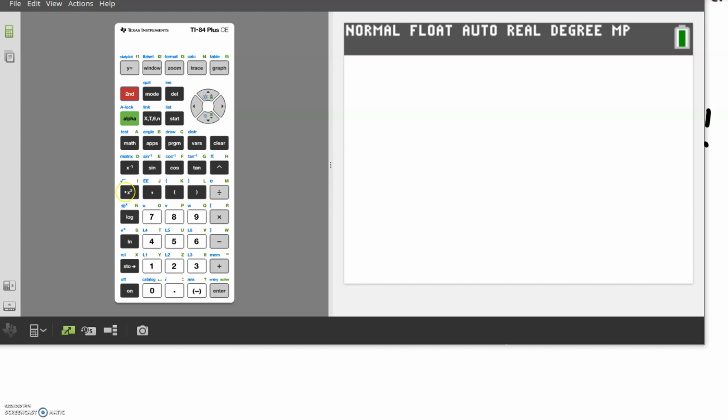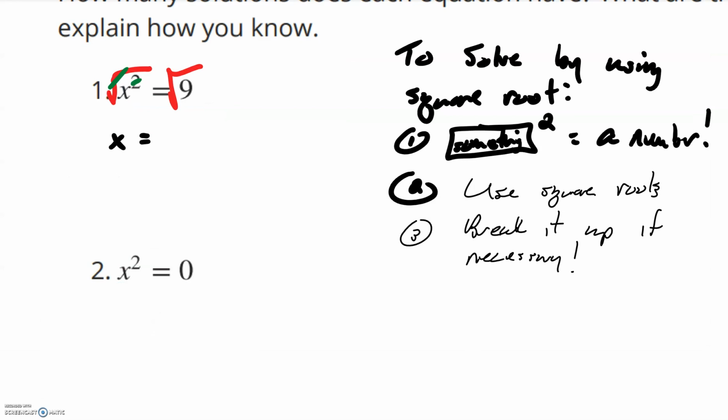The second function of the squared key is square root. So if I hit second and then the squared key, that gives me square root, and I just put the number that I'm taking the square root of, 9, hit enter, and it tells me it is indeed 3. So now I have x is equal to 3, but remember, it's both positive and negative 3.